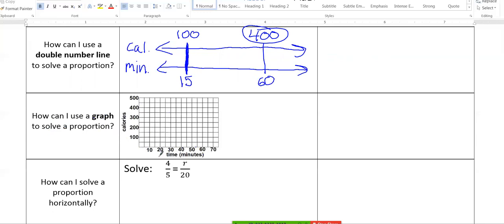We have time on the x-axis, calories on the y-axis. If you have 100 calories in 15 minutes, well, here's 10 minutes. 15 minutes is here. 100 calories in 15 minutes. We want to know how many calories in 60 minutes. Well, this is a proportional relationship.